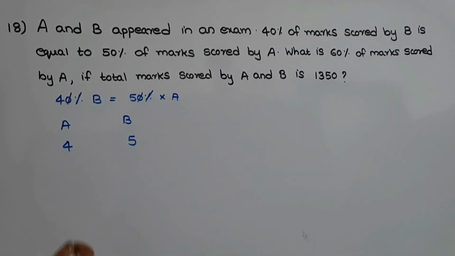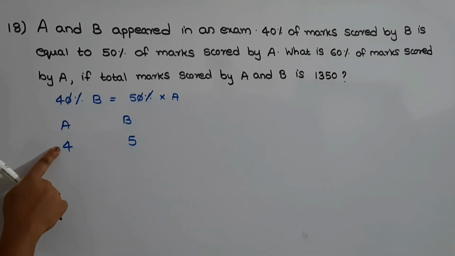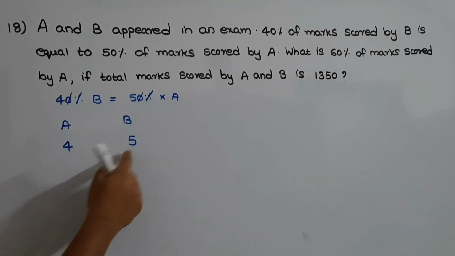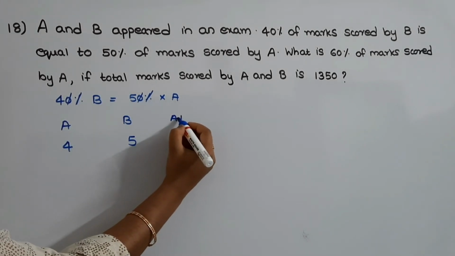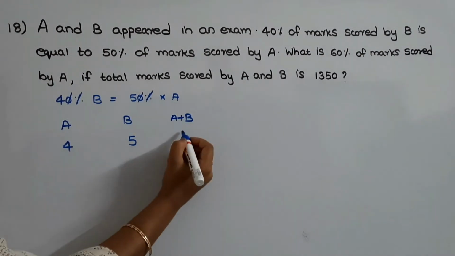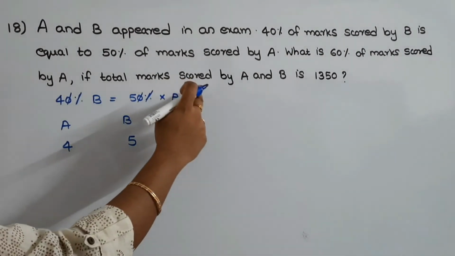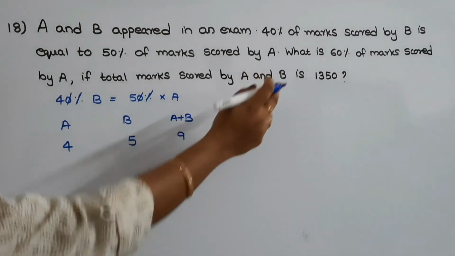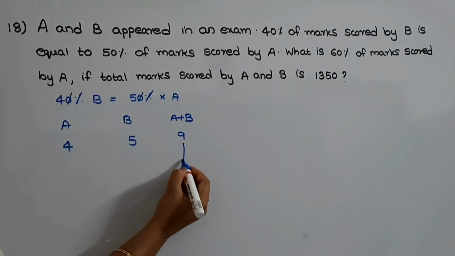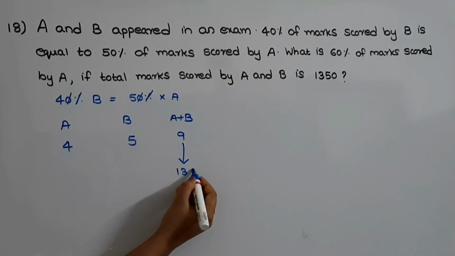So if we consider the marks scored by A as 4 and the marks scored by B as 5, then what will be the total marks? That will be 4 plus 5, that is 9. But the total marks scored by A and B is given as 1350. So we can represent this 9 as 1350.